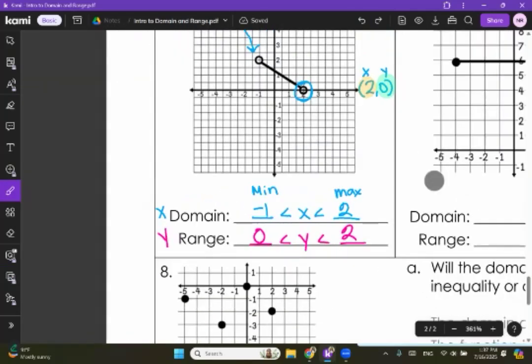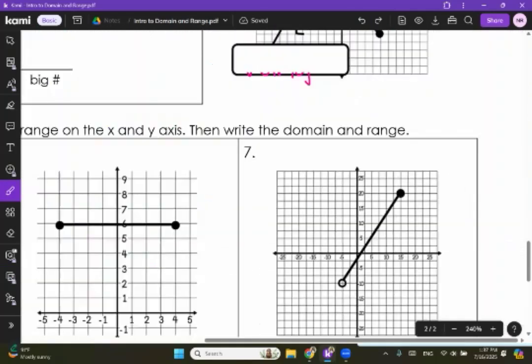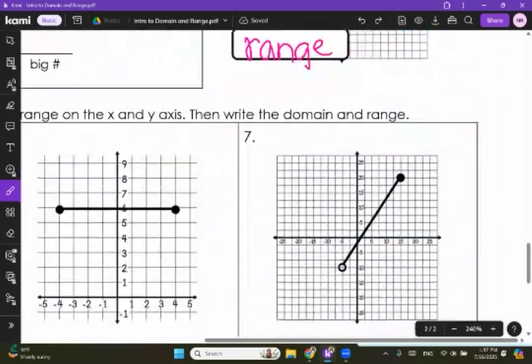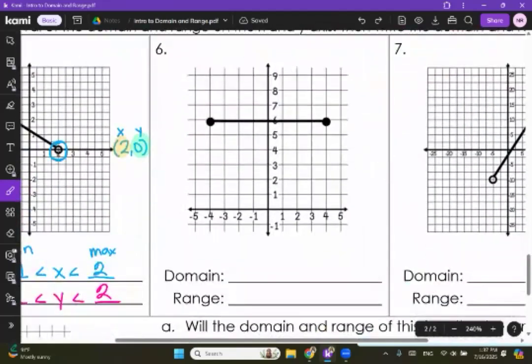Let's try the next one. All right. Label your endpoints, 4, 6. This one is -4. Okay.